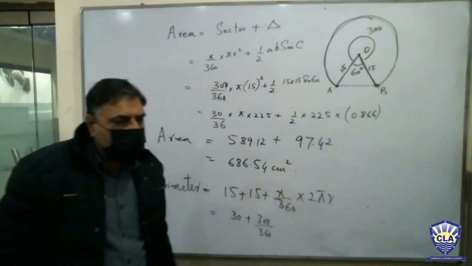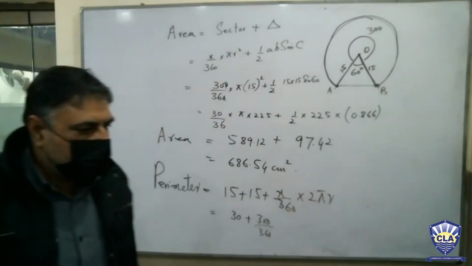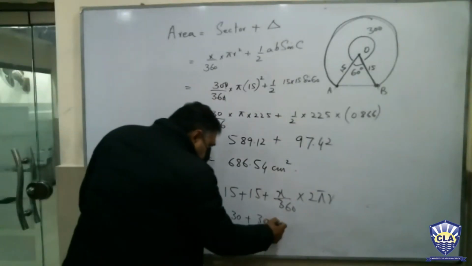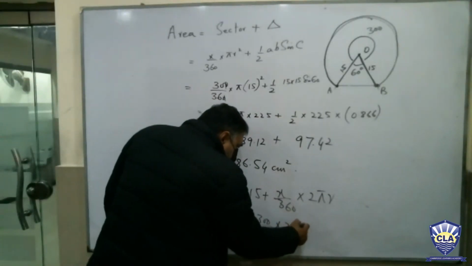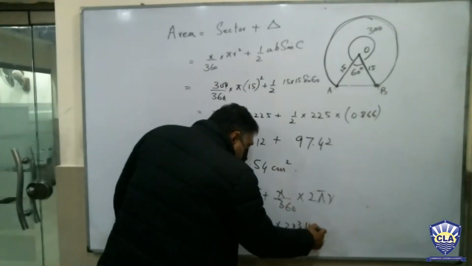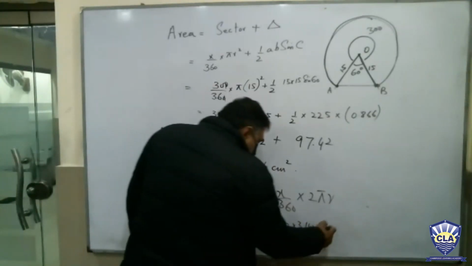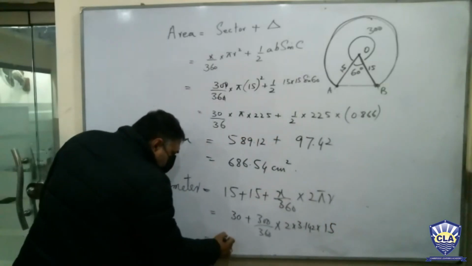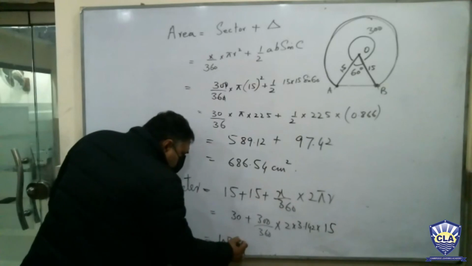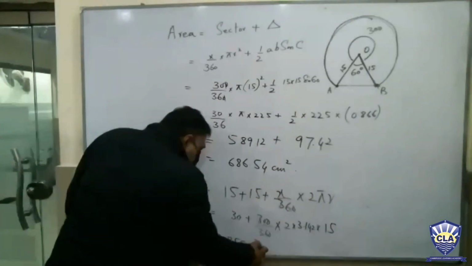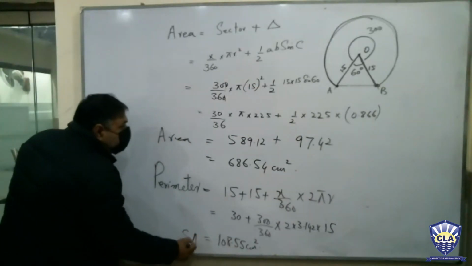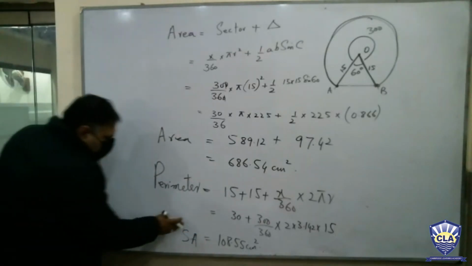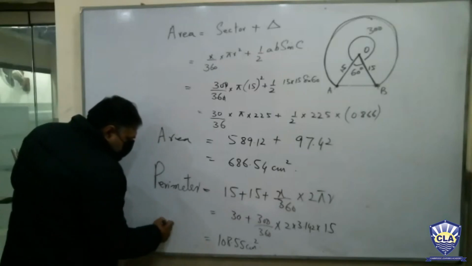It is the formula of length of arc, into 3.142, radius is 15. 108.55 centimeter. Square is the surface area. Oh, sorry, perimeter, yeah, perimeter.